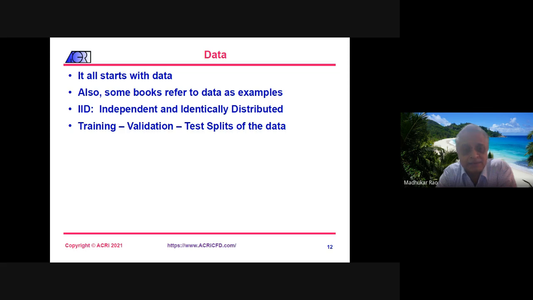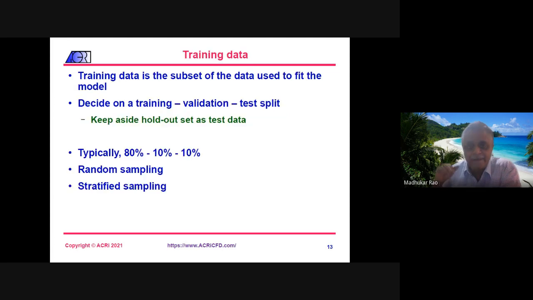And the most important thing is how you split your data into training, validation, and test splits. And also, why not just 2 splits, training and test? Why training, validation, and test splits? I'll get into that. Training data is the subset of data used to fit your model. By model, I mean any machine learning model, including neural networks. So you have to decide on a training, validation, and test split.